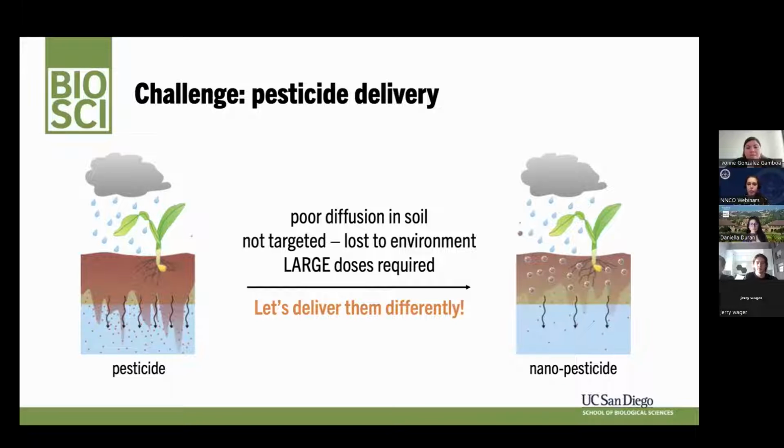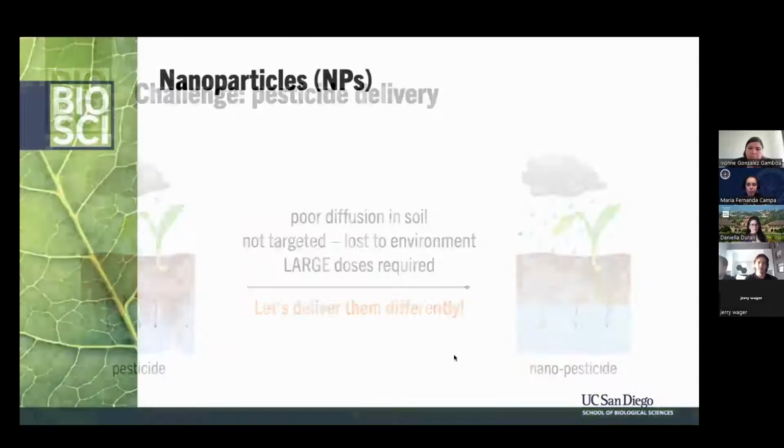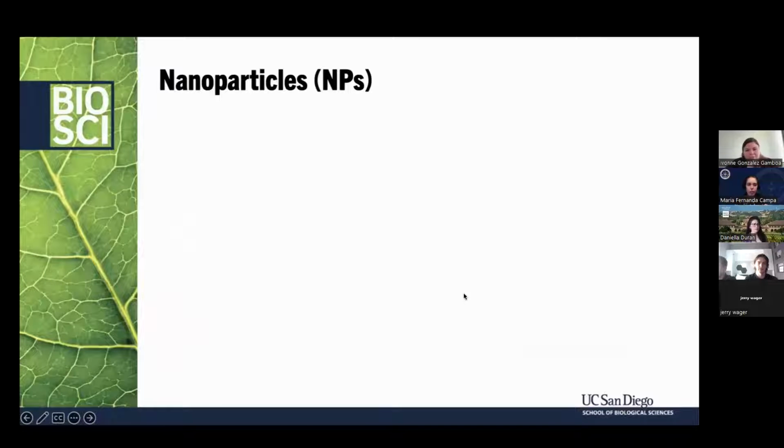We need to be able to ensure that the pesticide we use, at the correct amount, gets to the place where it is going to be used. And that's where nanoparticles come into play. There are very different nanoparticles that we have.